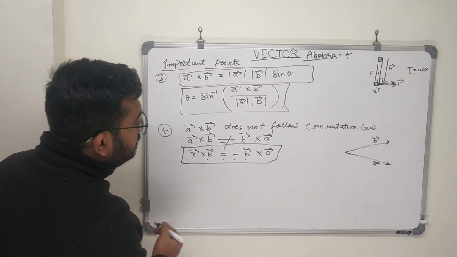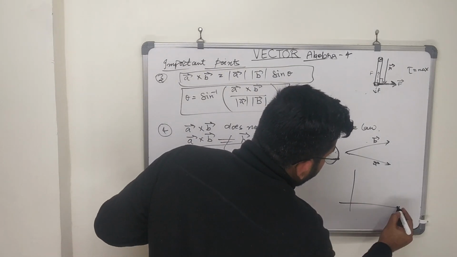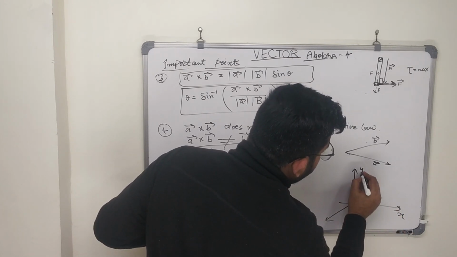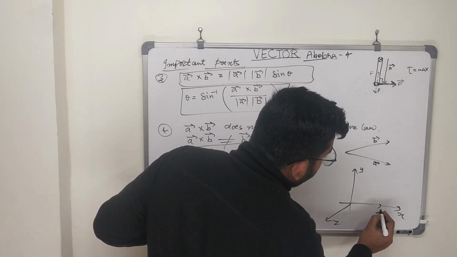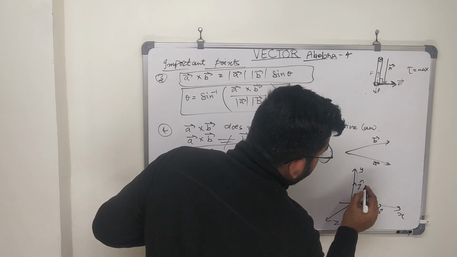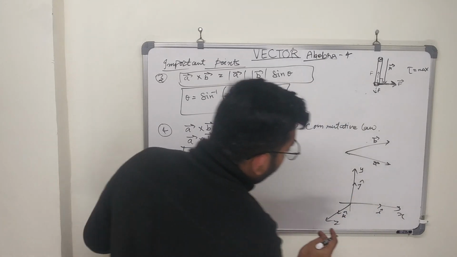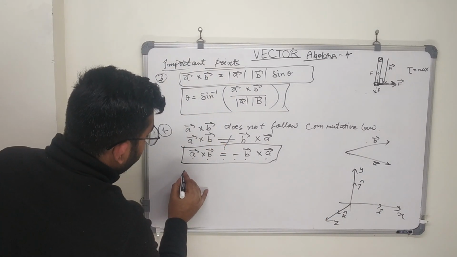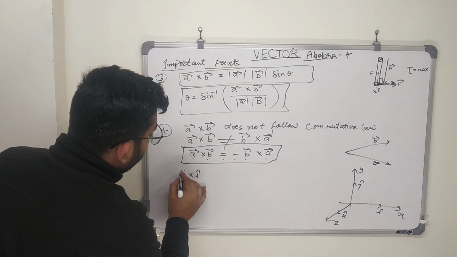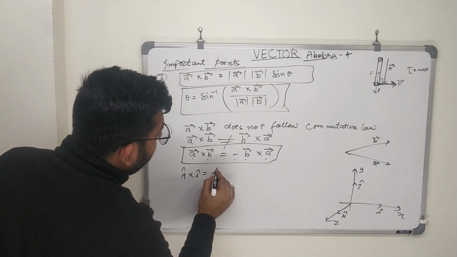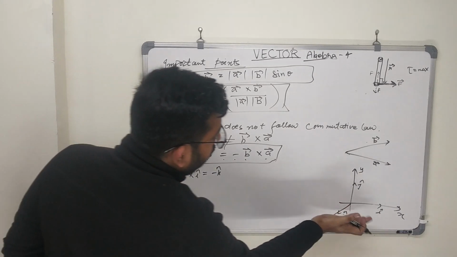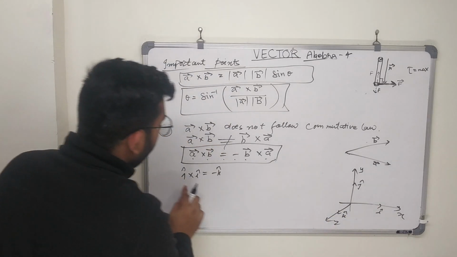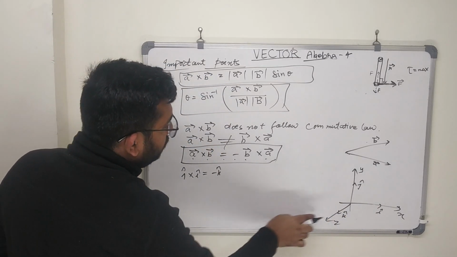With the help of this you can also say that, suppose that this is the XYZ coordinates and this is the I cap, this is the J cap and this is the K cap. So you can say that J cross I will be equal to minus of K cap, because I cross J cap is equal to K cap, so J cross I cap will be equal to minus of K cap.